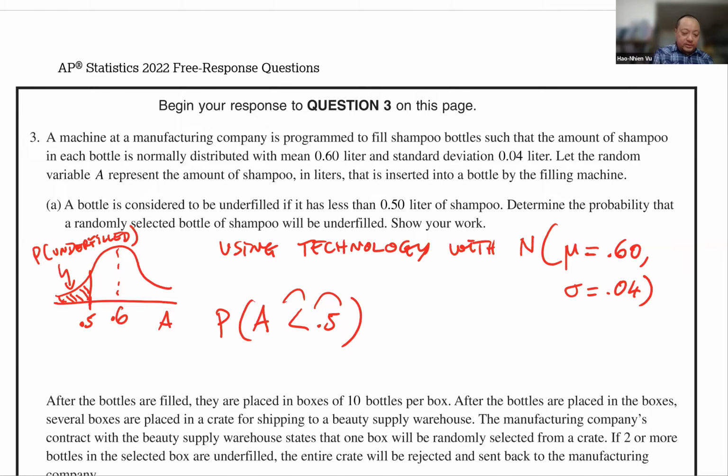Show where it is that you're cutting off and show which side it is that you're computing. So once you've written this, you are home free. Just punch whatever in your calculator or use the table, whatever method. And the answer is 0.0063.